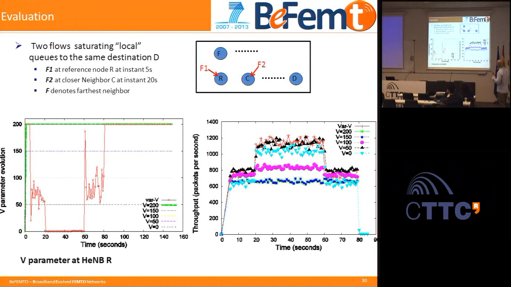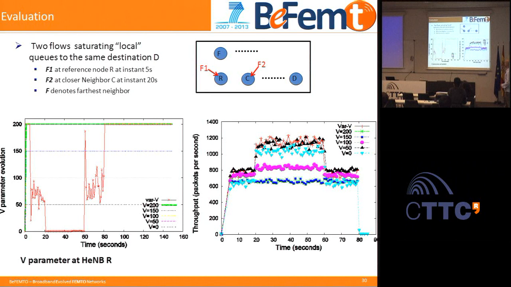The flow finishes at instant 60, and then the reference node detects that there is a decrease of traffic in the one-hop neighborhood and increases the V parameter. So in this region, it is still able to give priority to the penalty function.